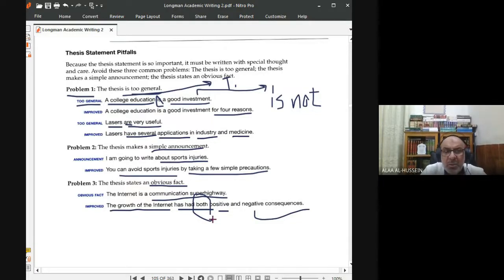Excellent. So now I think this is the last lesson about the thesis statement. Okay, we talked a lot about it. We explained it in detail. So this is the last lesson about the thesis sentence, and then inshallah from the next lesson we are going to explain and go into the details of the body paragraphs and the concluding paragraphs, and then we come back to read the model essay we started with.